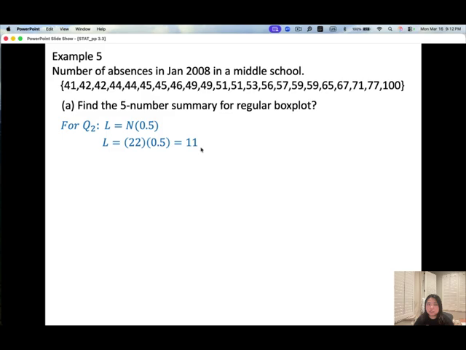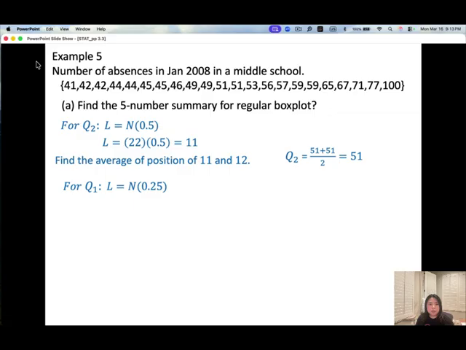And then your L is 11. 11 is a whole number, right? So you are looking for the positions of 11 and 12. 1, 2, 3, 4, 5, 6, 7, 8, 9, 10, 11, 12. So 11 and 12, that would be 51. I want to find the average of these two data, so add it up, divide by 2. So your Q2 is going to be equal to 51.